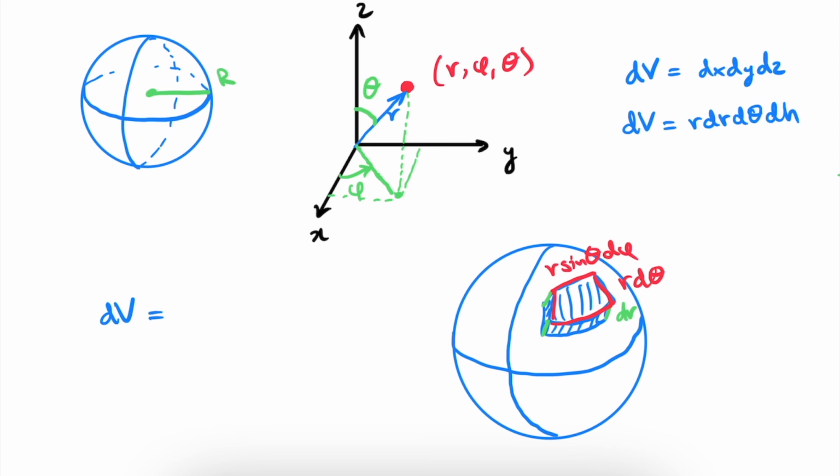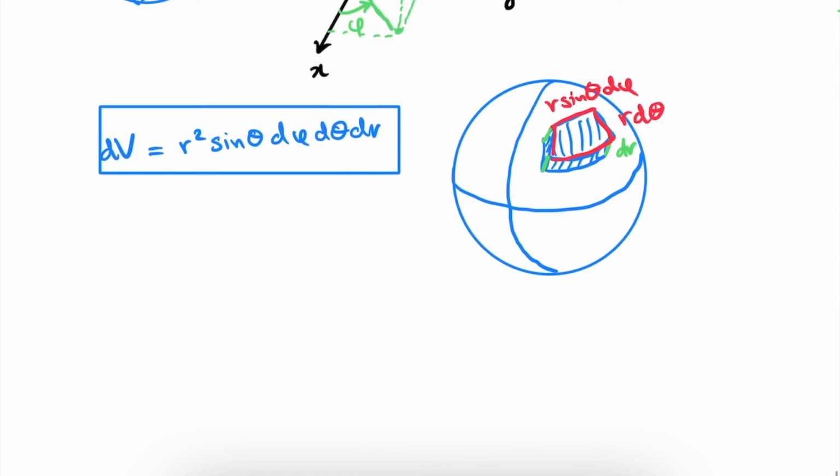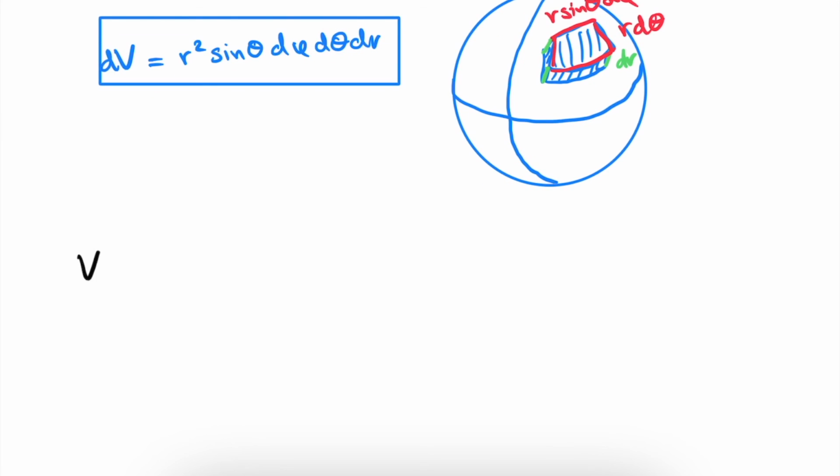So we know that dV is simply equal to r squared times the sine of theta times d phi d theta dr. And this is the volume element that we will need in order to calculate the volume of this sphere. So again, we have that the volume of our sphere is equal to the integral over the volume element.